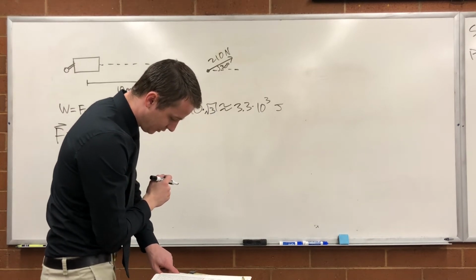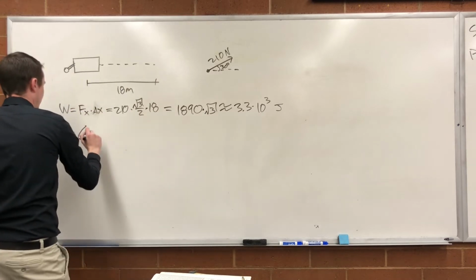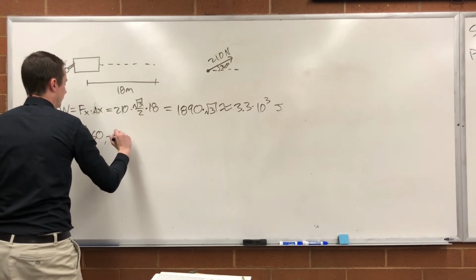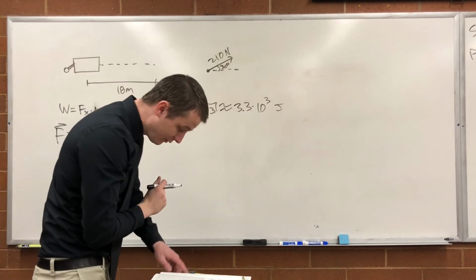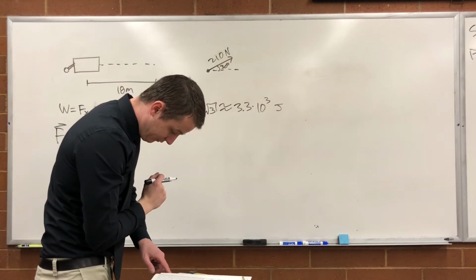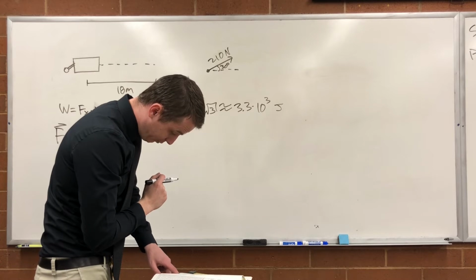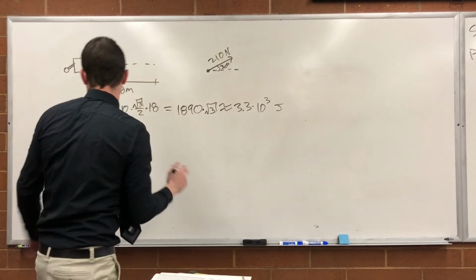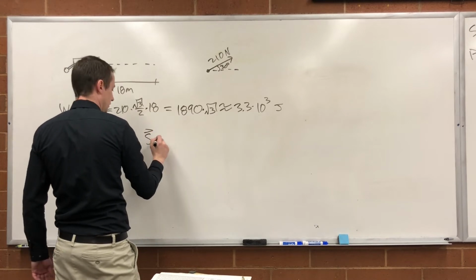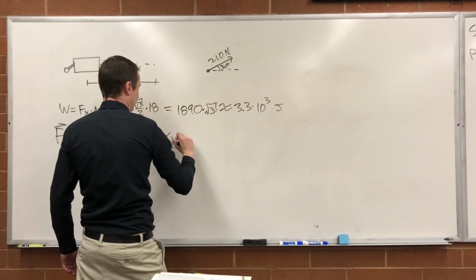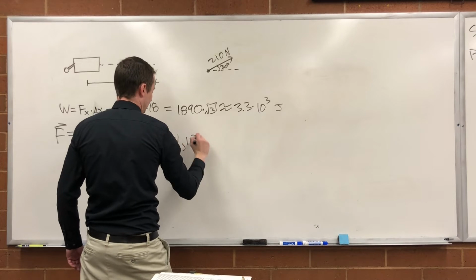F equals 160 and minus 40. And he displaces it by a vector 14 meters, 11 meters. So the displacement vector, I guess we'll use S, is equal to 14 meters and 11 meters.